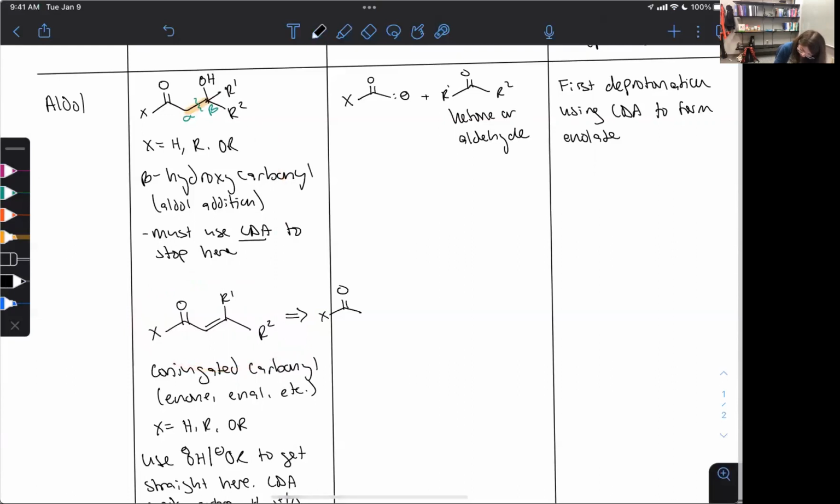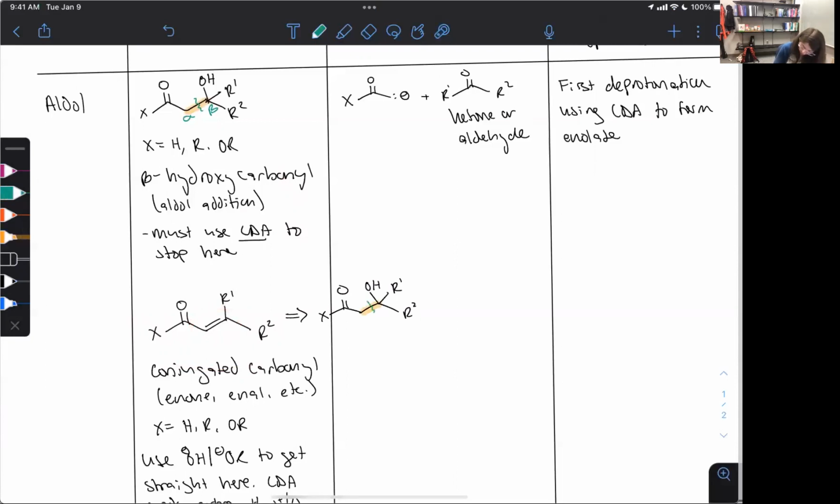This is how I would recommend doing these ones, because they're a little bit trickier, because you can't quite see where everything came from necessarily. So I would step backwards before the elimination process and say, okay, I probably came from this beta hydroxycarbonyl to get my alkene in place. Once you have the oxygen there, it's easier to see that you're making that bond.